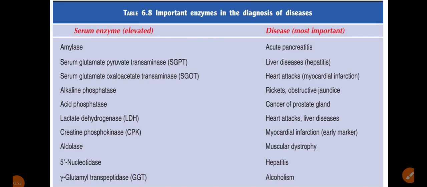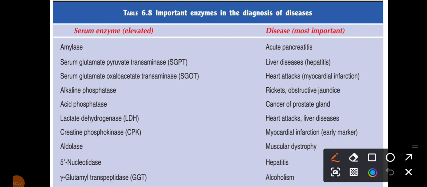Okay, here are some important enzymes in the diagnosis of disease. It means which enzyme is elevated in which specific disease. That chart is also very important, right? Here we know amylase for acute pancreatitis. Accordingly all of these are very important. SGPT and SGOT are also important.